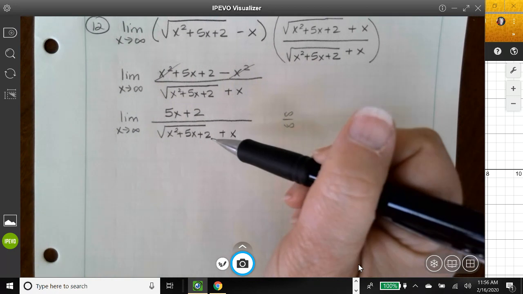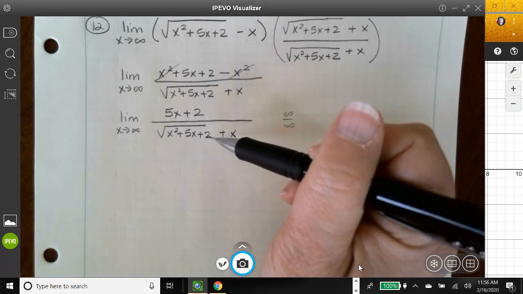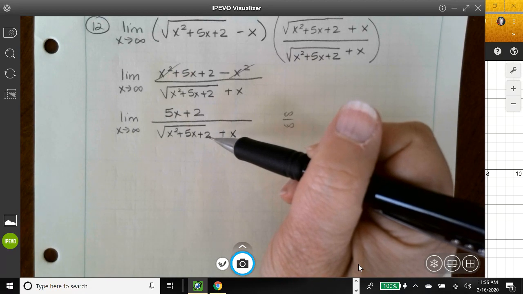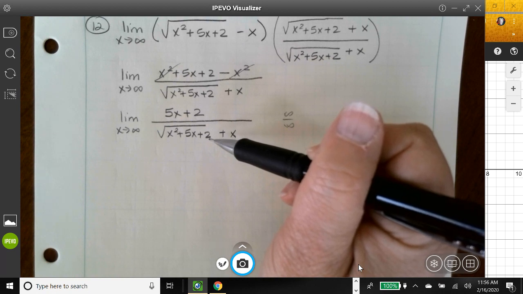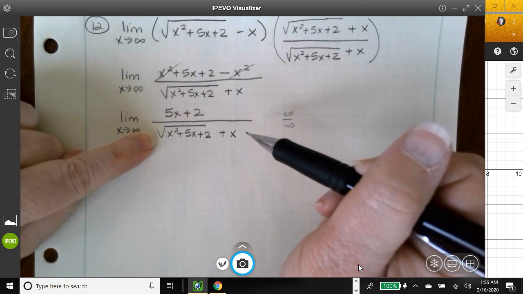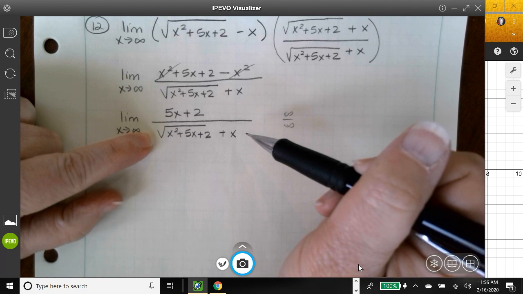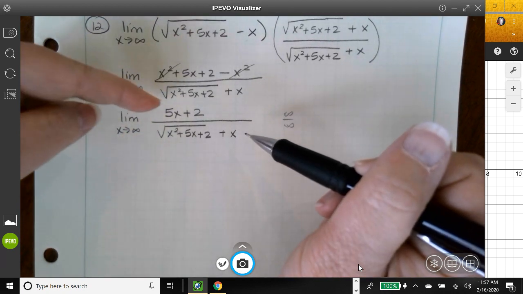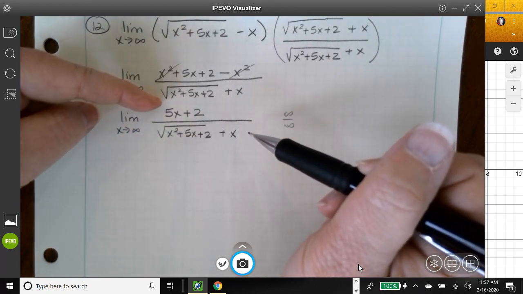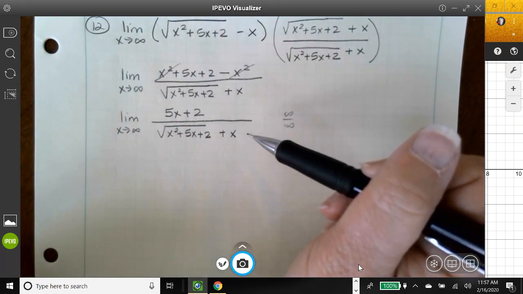That's 5 over the derivative of the denominator, which would be 2x plus 5 over 2 root x squared plus 5x plus 2 plus 1. So this turns into a double-decker fraction in the denominator, and then you'd have to find a common denominator, which would have a square root in it, which would put the square root on top. And then you have square roots in the numerator and the denominator, and they just don't ever go away.